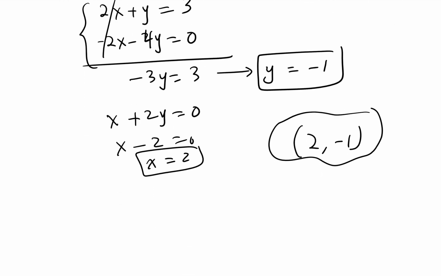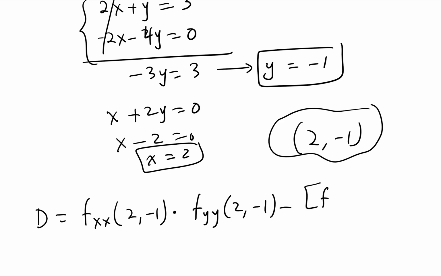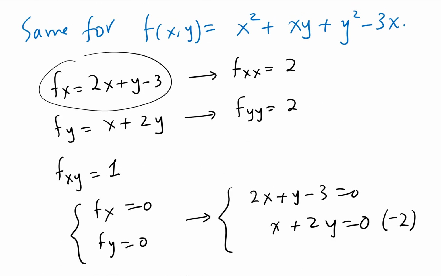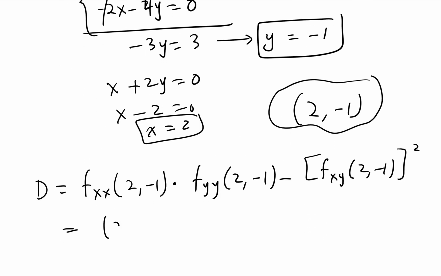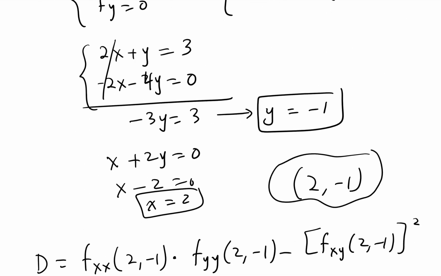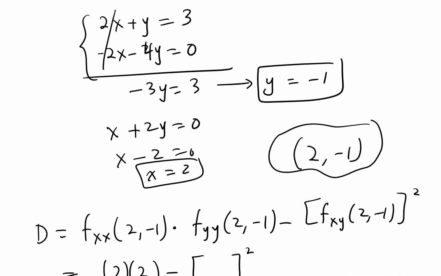Then the D test, remember, is fxx evaluated at that point times fyy evaluated at that point minus fxy evaluated at that point squared. Let's see what we get. fxx was a number, 2. fyy is also 2. fxy is 1.